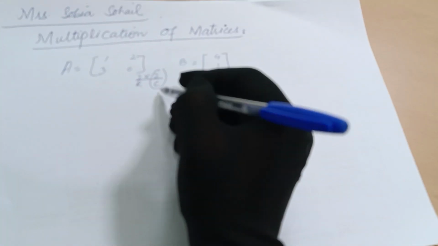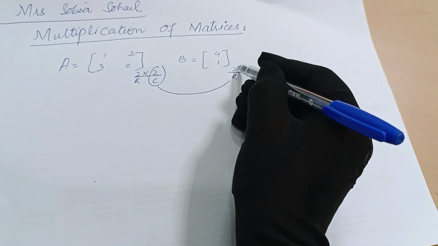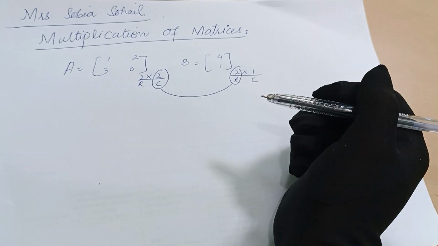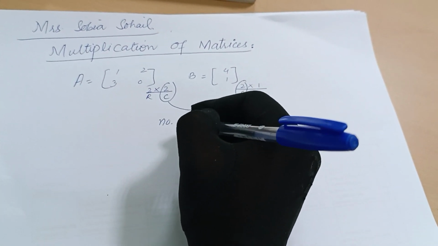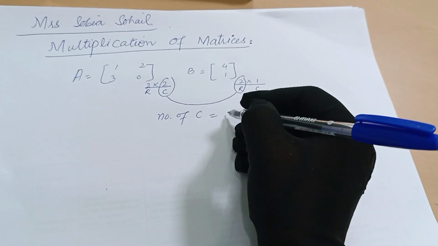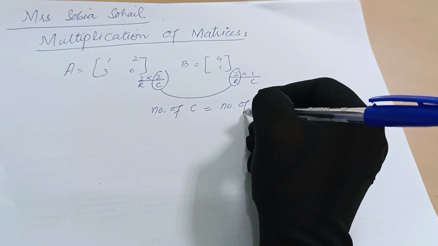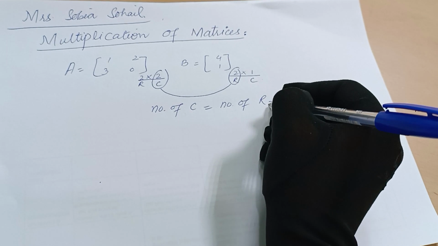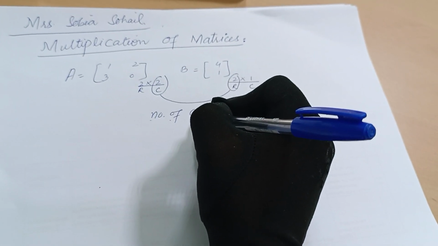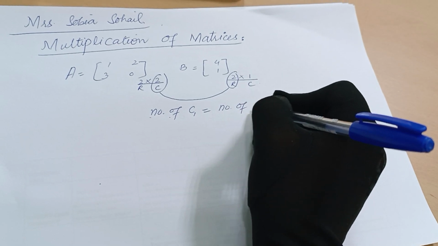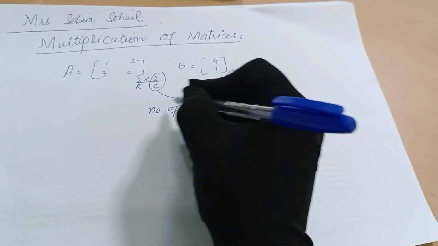The number of columns of the first matrix should be equal to the number of rows of the second matrix.